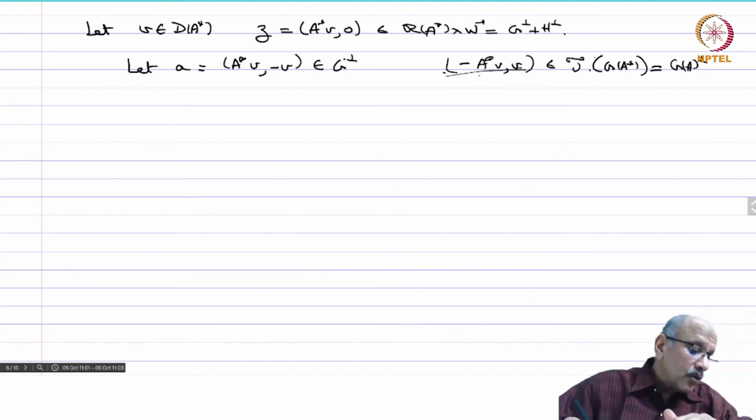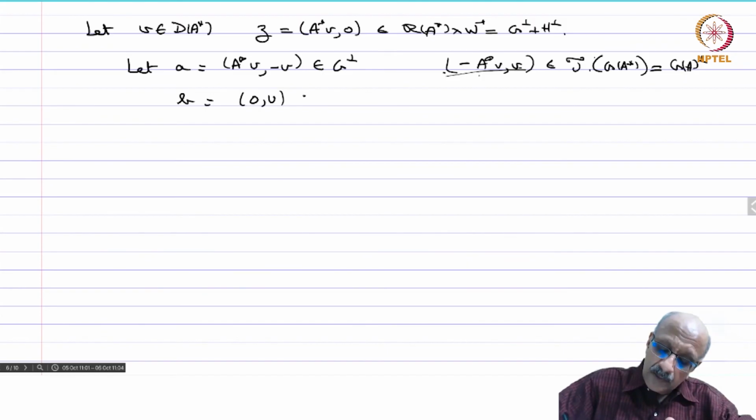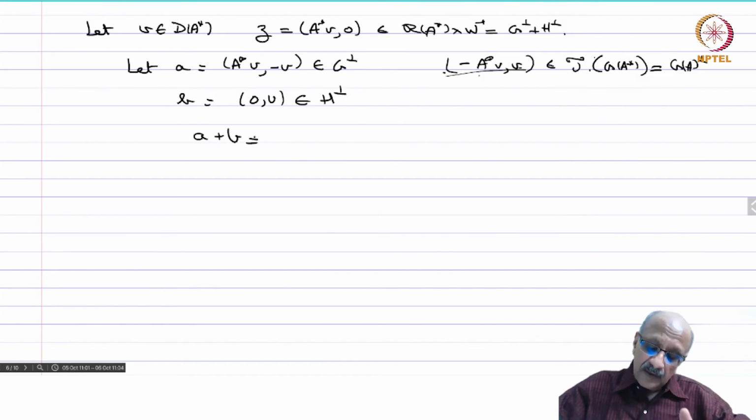Now you take B equals 0 V, and automatically that belongs to H perp. Then you just add, you get A plus B is A star V comma 0, which is equal to Z, and therefore you have those two inequalities.